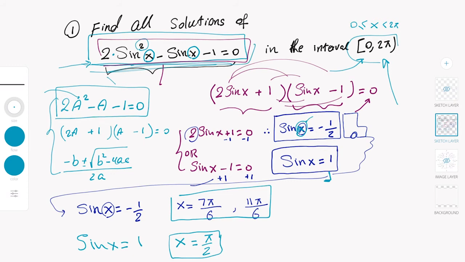All right, let's have another example. Solve 2 sine squared of x plus 3 cosine of x minus 3 equal to 0.